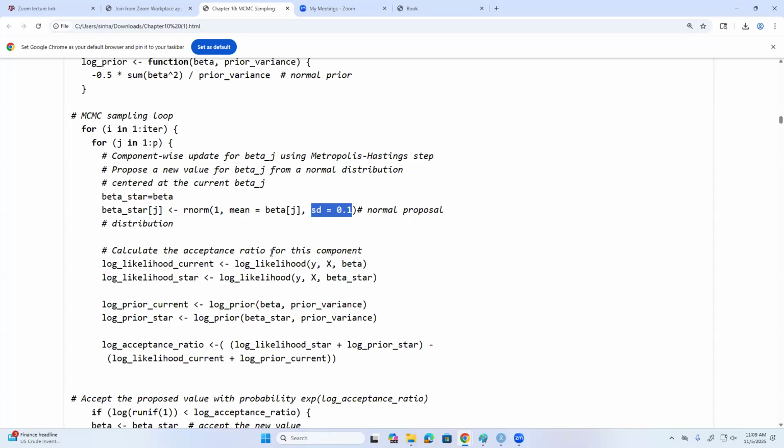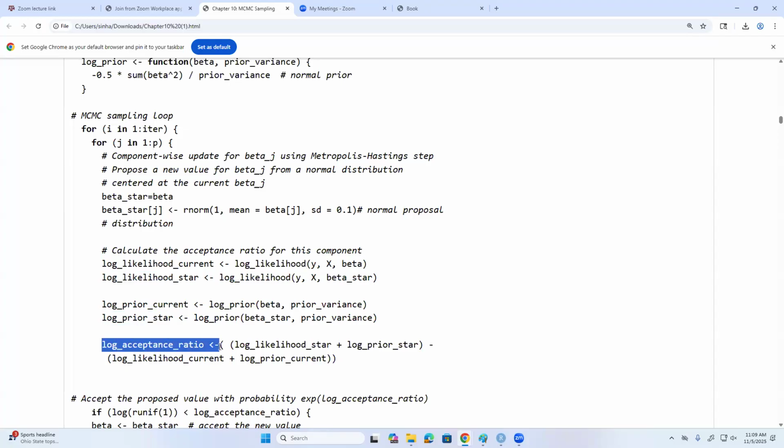And then calculate the acceptance ratio for this component. So the log likelihood of the current, the log likelihood of the star, that means at the proposal value, and the log of the prior current, log of prior star. The beautiful thing is that you do not need to calculate the ratio of the proposal, because the proposal is symmetric, so that cancels.